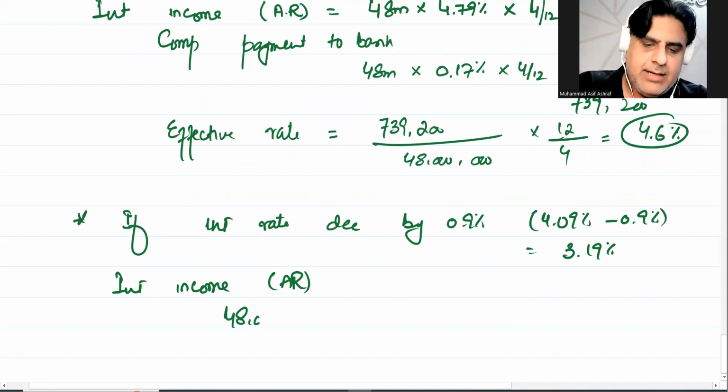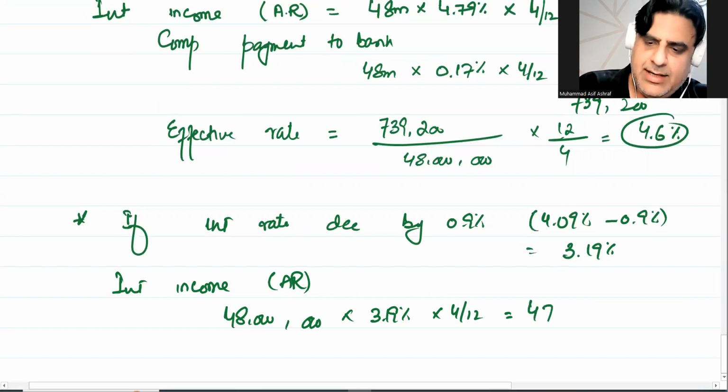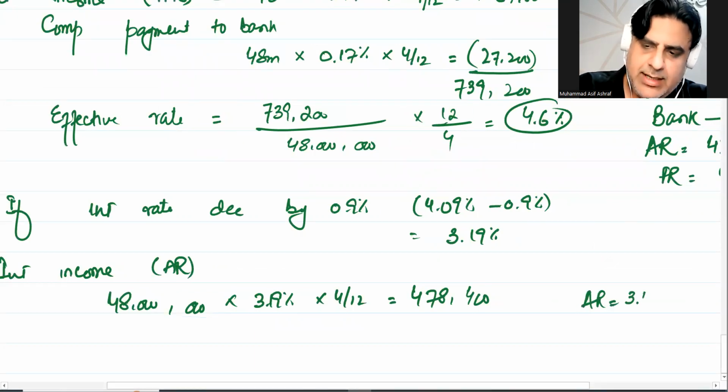So 48 million into 3.19% into 4 by 12. So this is 478,400. So now tell me here, the actual rate is 3.19, while the forward rate we had agreed is 4.82.